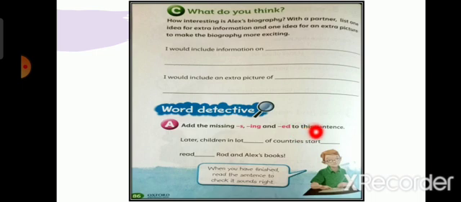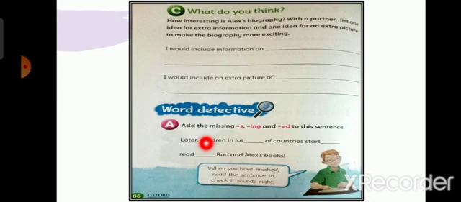Start is the first form of verb. To make it second form of verb, what will we add? You are right. We will add here ed, then it will become started. Later, children in lots of countries started. The next word is read. Here we will add ing.